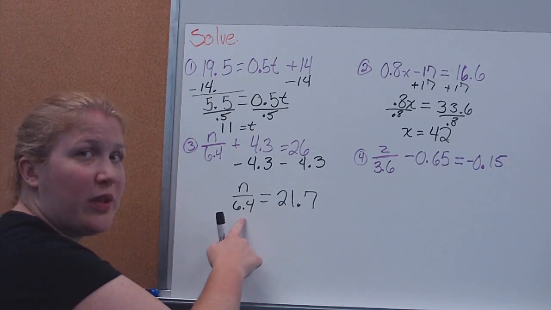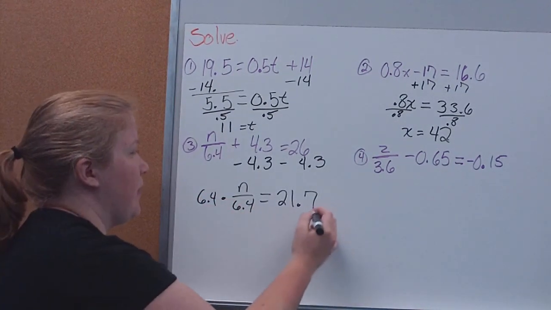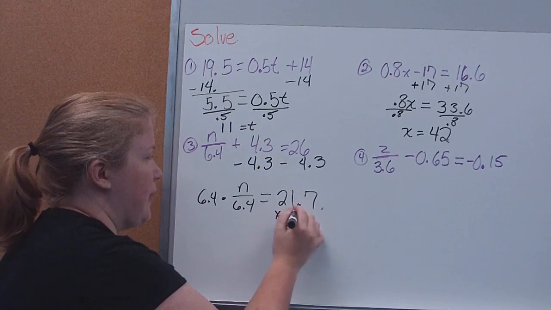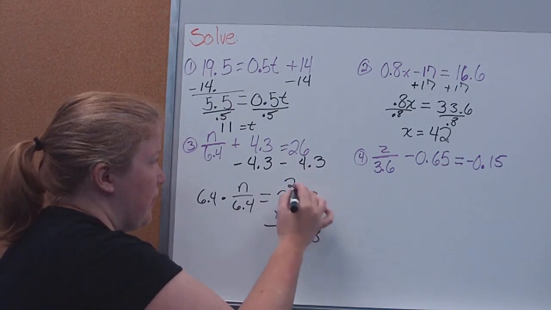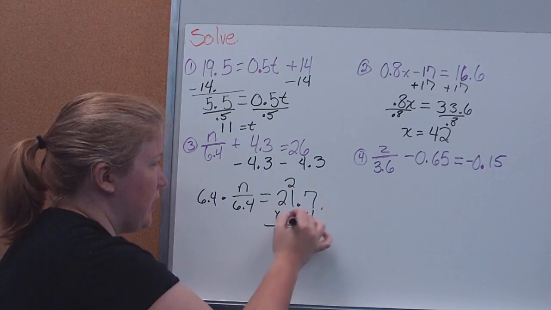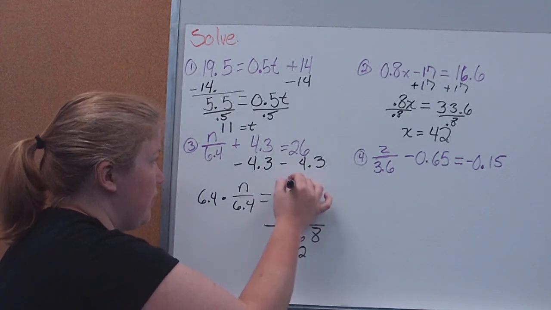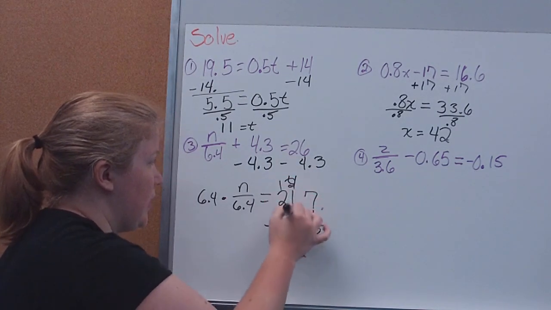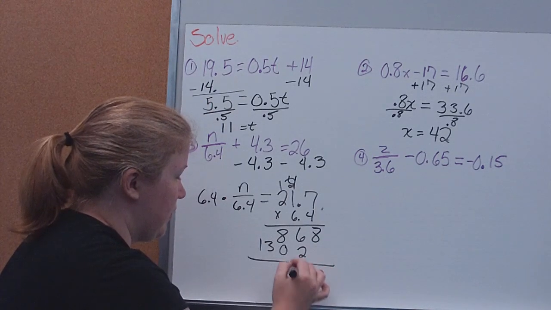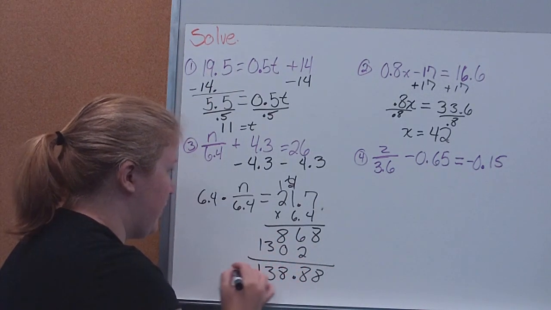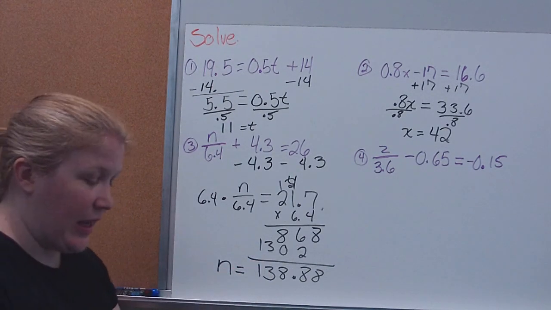How am I going to undo this side now? I'm dividing. I'm going to undo it using multiplication. I'm going to set this up this way so that I can do my multiplication. I wind up with n is equal to 138.88.